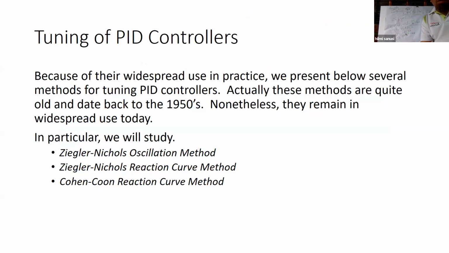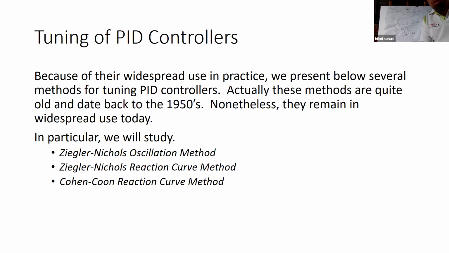So macam mana kita nak tune PID controller? So because of their widespread use in practice, there are several methods for tuning PID controller. Actually, these methods are quite old and outdated. Ini dia popular, tengoklah first paper of Ziegler-Nichols tahun 42, Cohen-Coon tahun 53.